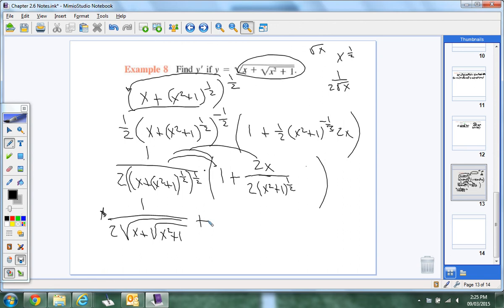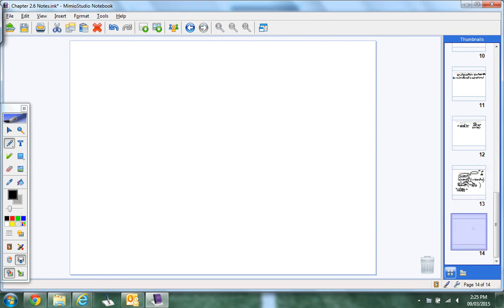Just save this. I'm going to go to the next page real quick here. So this is where I'm at. Oh, okay. So let's go back a page.